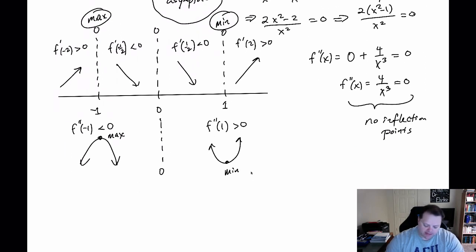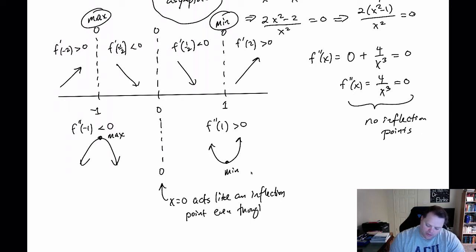What that means is that x equal to 0 acts like an inflection point, even though f double prime of 0 is undefined and f at 0 has an asymptote.